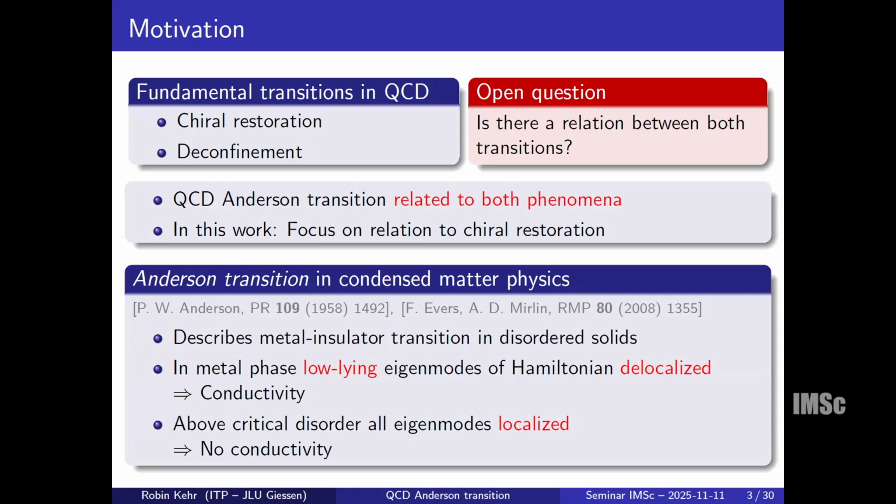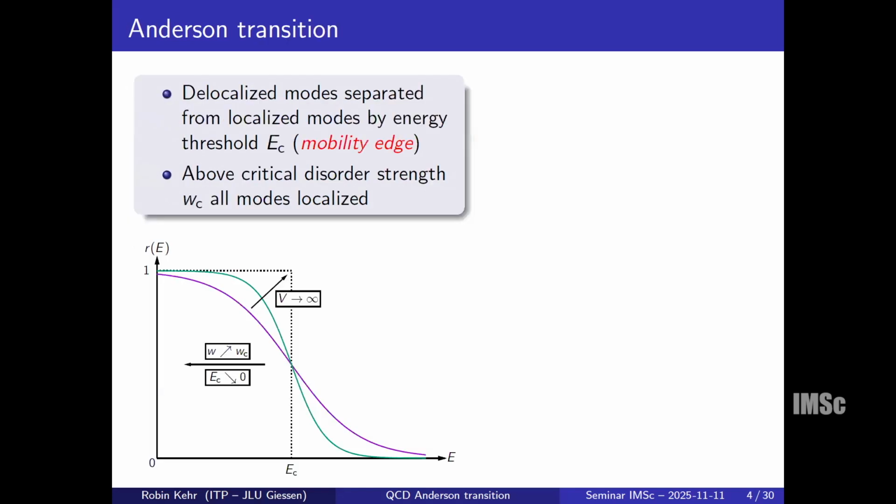But as you increase the disorder and exceed the critical disorder, all eigenmodes become localized and the conductivity vanishes. This is for three dimensions. I'm not really sure about how it is in lower dimensions, but let's assume it's three dimensions here.